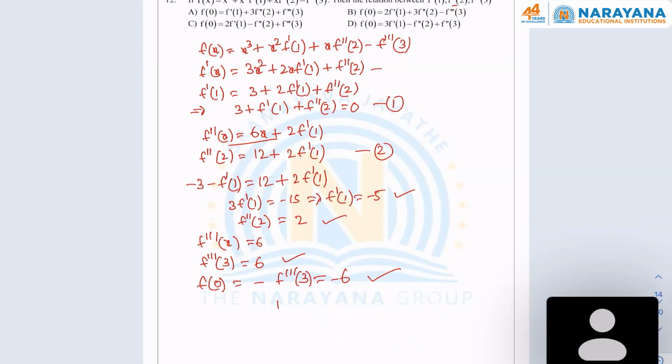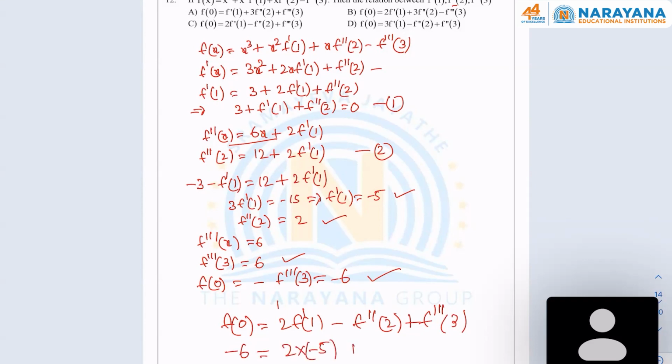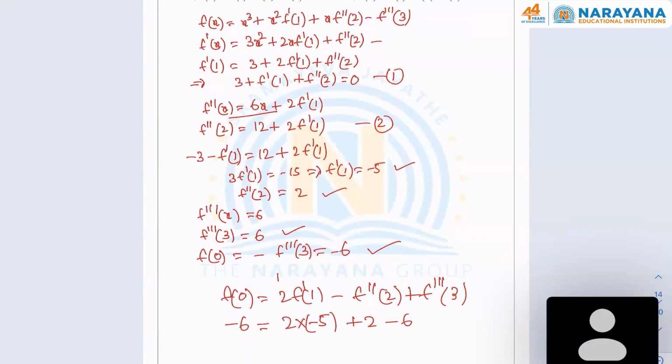I think option C will satisfy. f of 0 is equal to 2 f dash 1 minus f double dash 2 plus f triple dash 3. So f of 0 is minus 6. Minus of minus 2 means plus 2. And f triple dash 3 means it is minus 6. So here we are getting minus 6 is equal to f triple dash 3. f triple dash 3, its value is equal to 6, right?